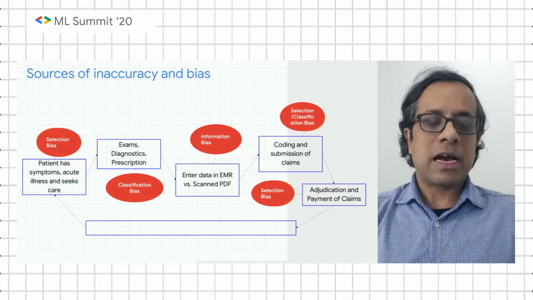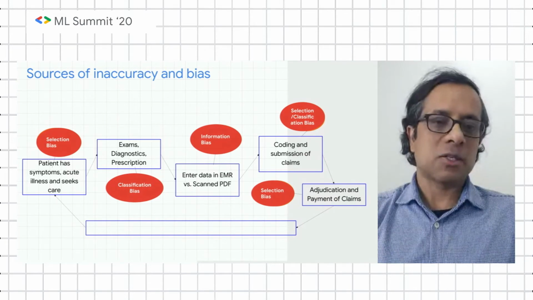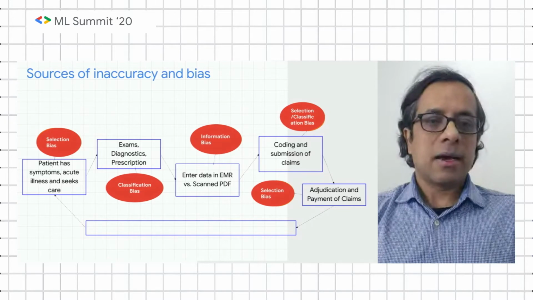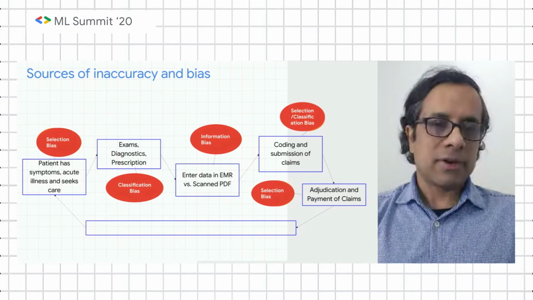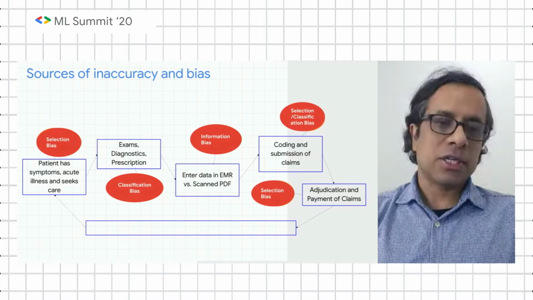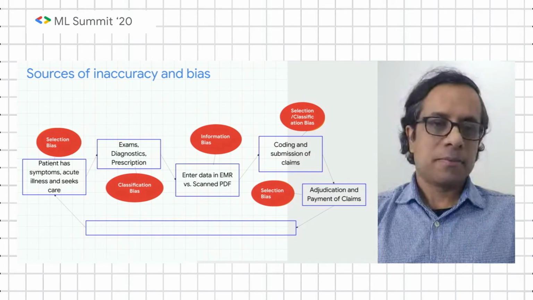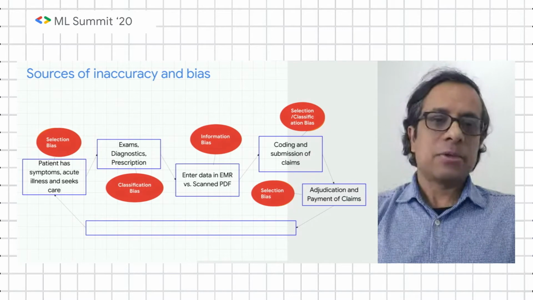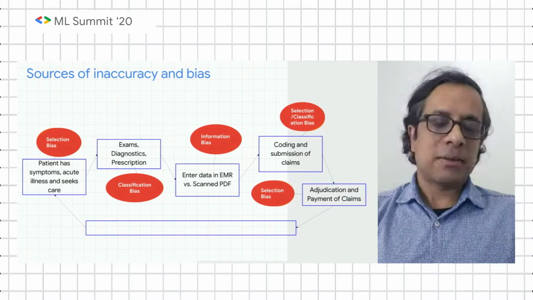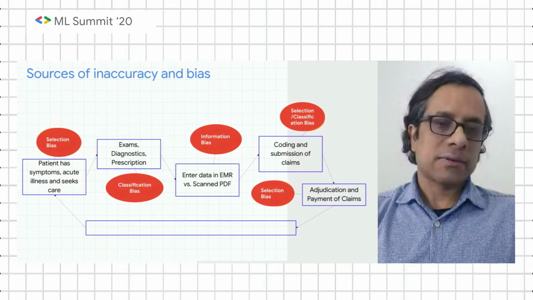Now, let's say you come to some kind of clinic or hospital, and then experts give you exams, diagnostics, and a prescription. So that's a classification bias, because sometimes you do this test, sometimes you may not do this test. So that may introduce the class bias.